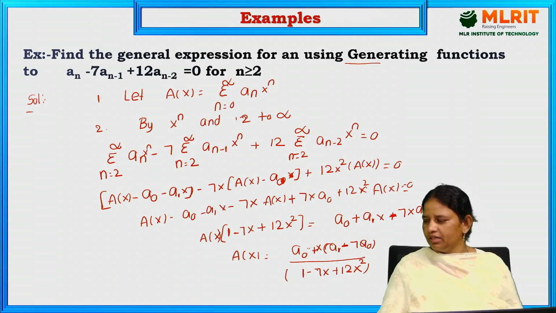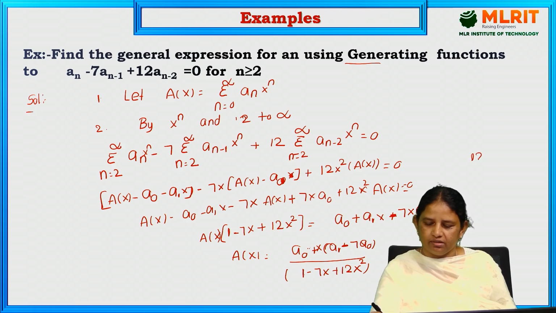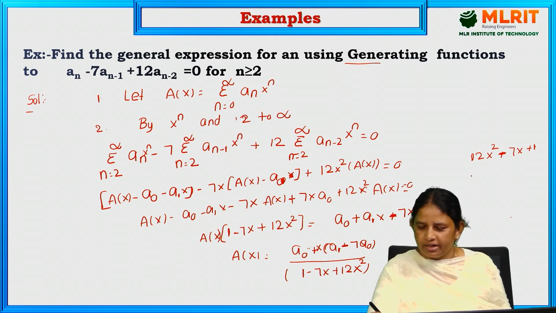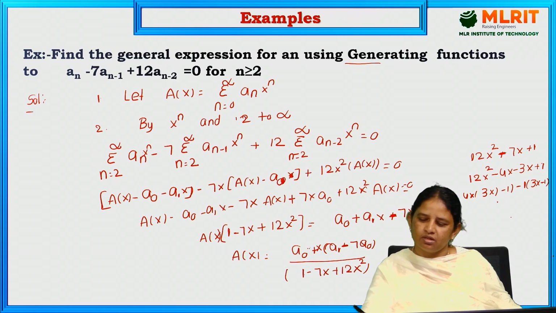Now we need to factor the denominator: 12x square minus 7x plus 1. For 12, we take 4 and 3. So 1 minus 7x plus 12x square is 12x square minus 4x minus 3x plus 1. Take 4x as common: 4x into 3x minus 1, minus 1 into 3x minus 1, which gives 3x minus 1 times 4x minus 1.